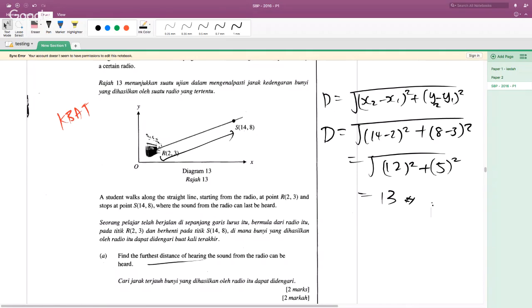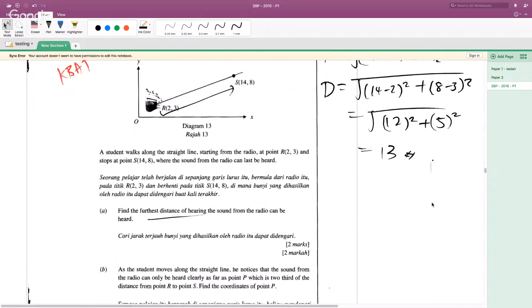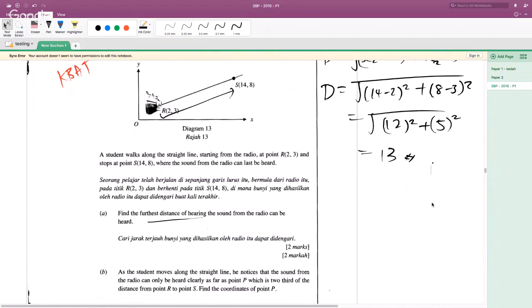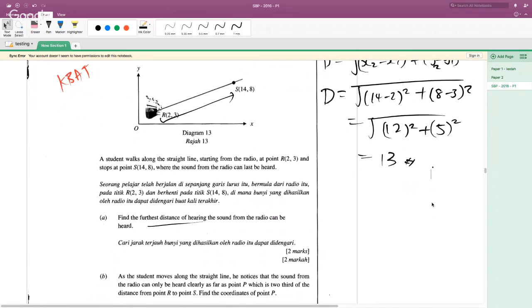It's very easy. Then the next thing is, as the student moves along the straight line, he noticed the sound from the radio can be heard clearly as far as the point P, which is 2/3 the distance from point R to S. Find the coordinates of P. So that means P will be somewhere in the middle, because they say you can hear clearly here.